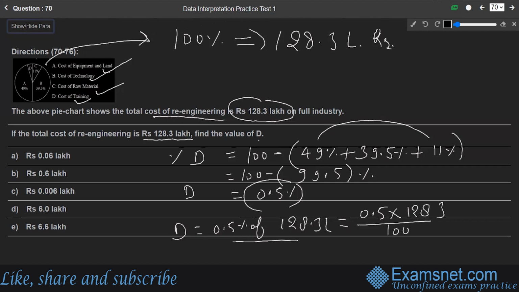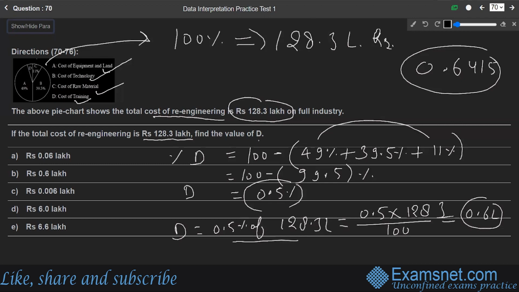Solving this, the exact value is 0.6415, which can be approximated as 0.6 lakh. That is available in the options also, so the answer is option B.